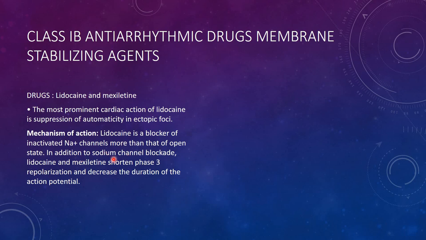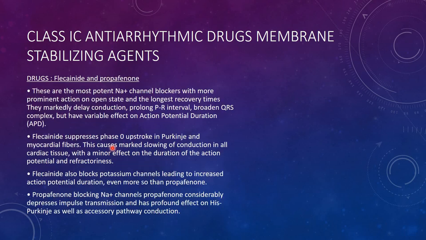In addition to the sodium channel block, lidocaine and mexiletine shorten the phase 3 repolarization and thereby decrease the duration of action potential. So this is the way the class 1B antiarrhythmic drug acts.